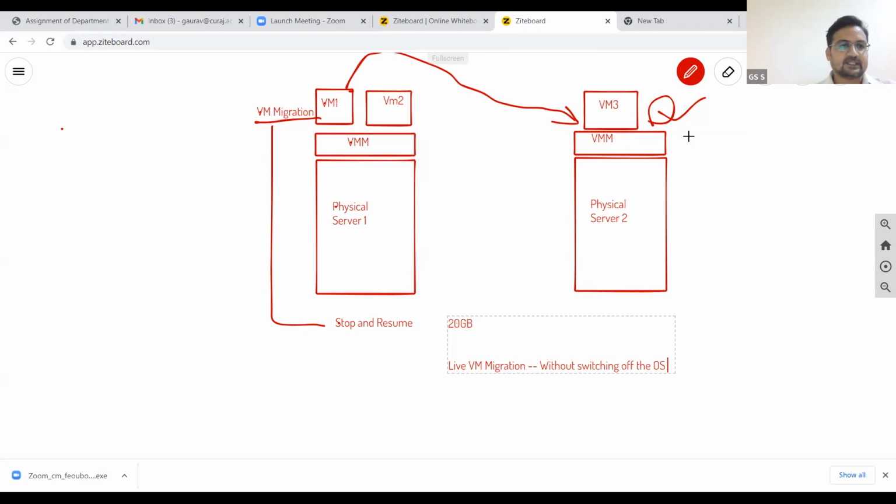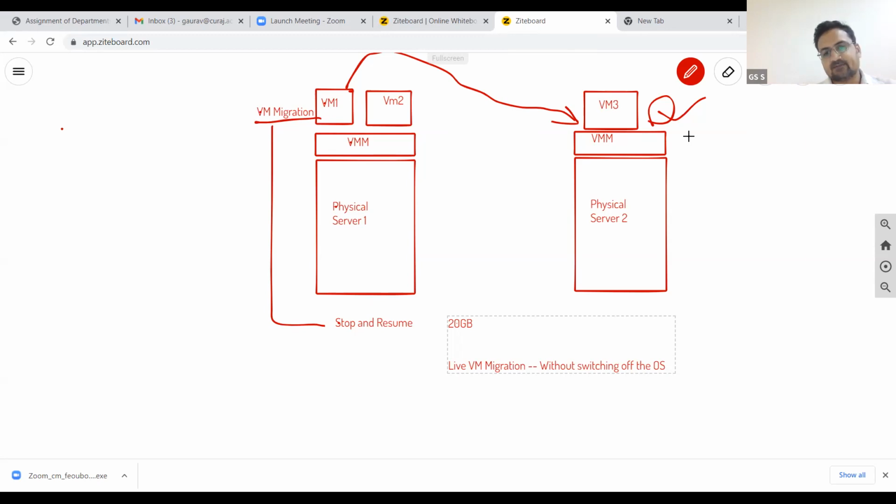The web server is serving requests. And immediately you say migrate. So the web server should keep on serving requests and get migrated seamlessly without any downtime to physical server 2 and keep on serving the web server requests. If this happens, it will be magic for all the web server owners, because what is happening? No downtime, and you are getting migrated from one physical server to another.